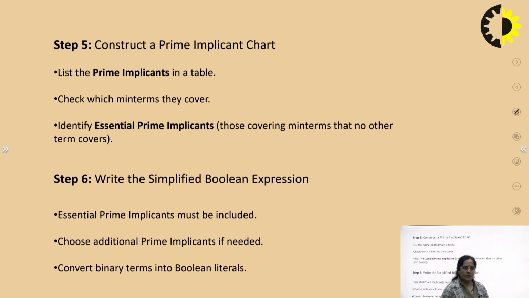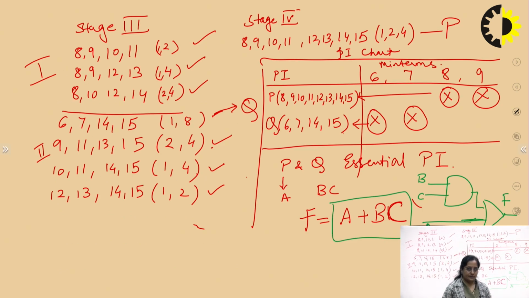Having found the essential prime implicants, we add them to the minimized expression, and if nothing is left, we go with the final one. So this is all about the tabulation method. Thank you.